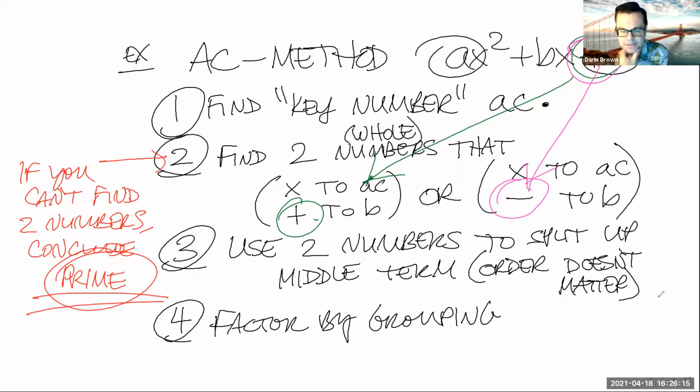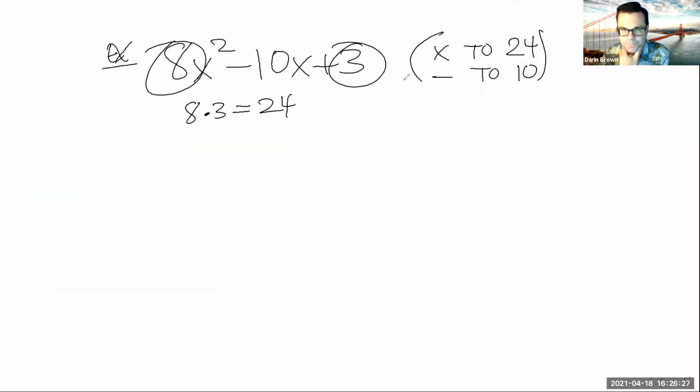Sorry about that. I don't have time to go back and edit stuff out. So just cross that out in your mind, and we're looking at the second one here. So when we get to this one, we're looking for 2 numbers that add in this case, not subtract. So our 2 numbers multiply to 24 and add to 10.